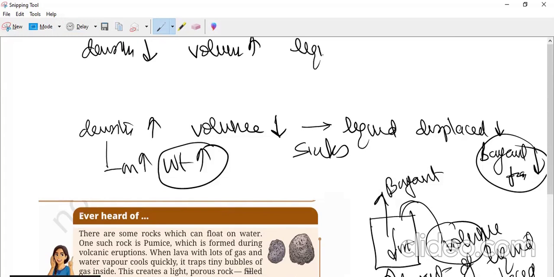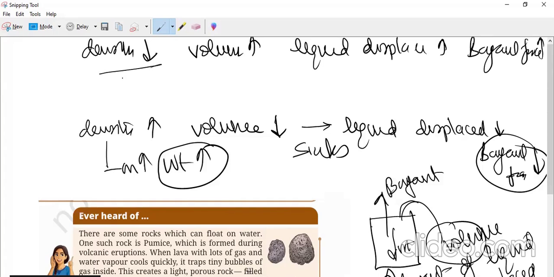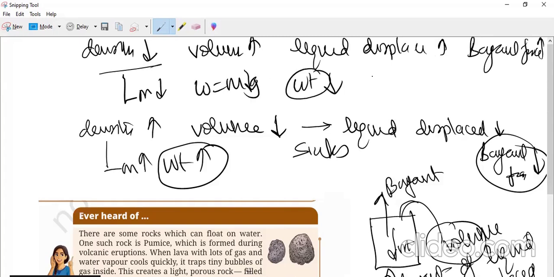Then the liquid displaced will be more, so the buoyant force will be more. And if the density is low, the mass will be less, so the weight, which is mg, will be less. So weight is less and buoyant force is more, so it will float. This you should understand.